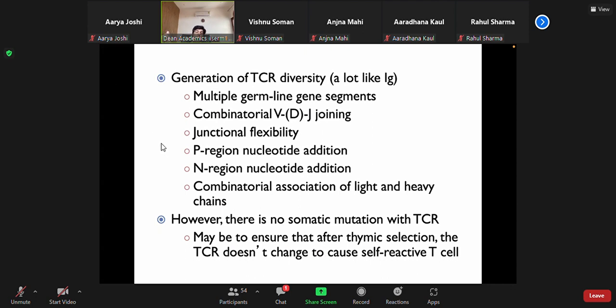The same thing can happen for B cells, but for most autoimmune diseases, this is predominantly driven by T cells. This is one assumption that people might make: that TCR does not have somatic hypermutation because you cannot afford to make autoreactive T cells, to avoid autoimmune diseases.